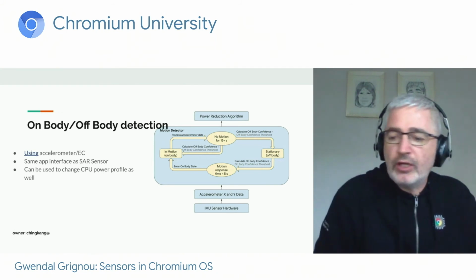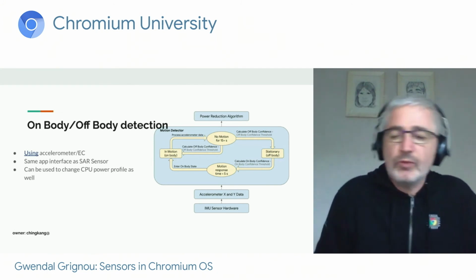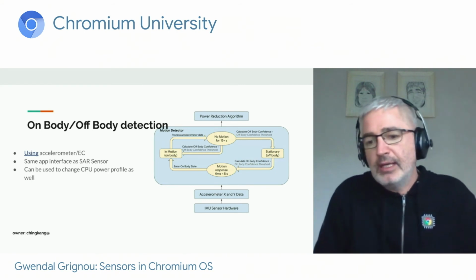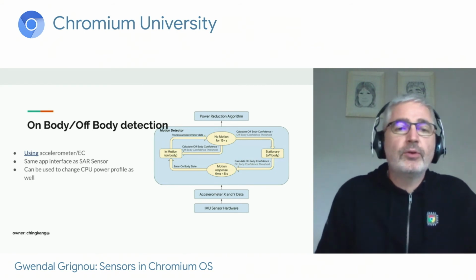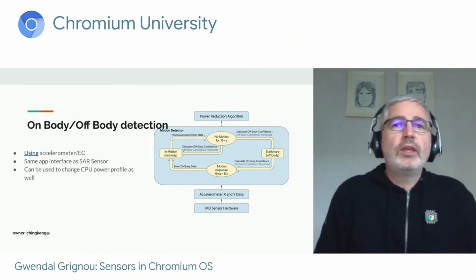Another usage on some Windows machines is that when you hold your laptop on your lap, we can lower the CPU power and frequency, especially on fanless devices, so that your legs will not be burned when you are using the Chromebook intensively. That's another usage of this on-body, off-body virtual sensor.